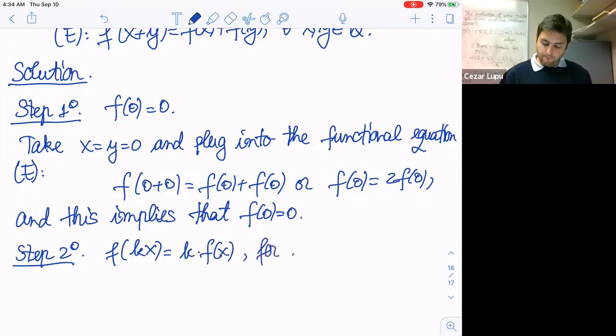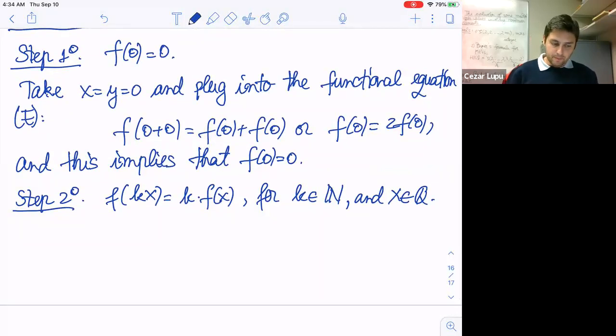For k a positive integer, a natural number, and x in Q. So we want to show this.